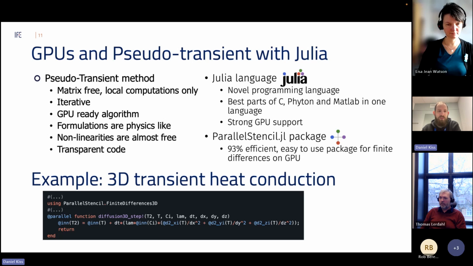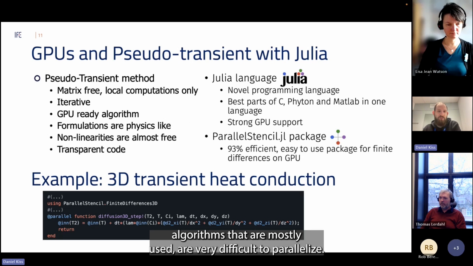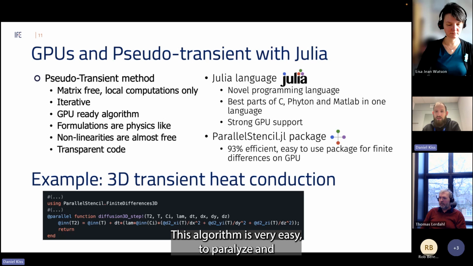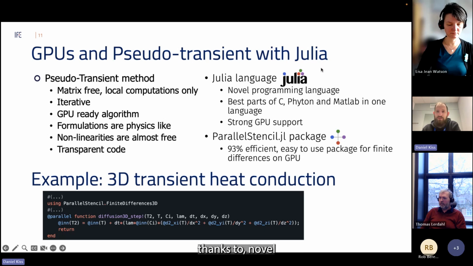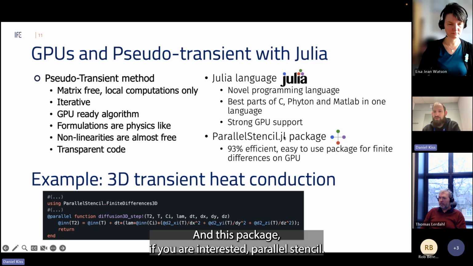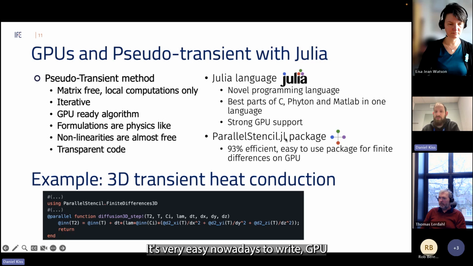While the traditional algorithms that are mostly used are very difficult to parallelize, this algorithm is very easy to parallelize. And thanks to a novel programming language called Julia, and this package, if you are interested, ParallelStencil, it's very easy nowadays to write GPU codes.